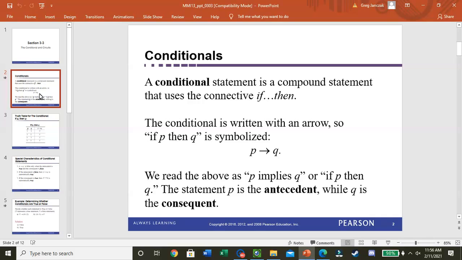If P, then Q. And it's read as P implies Q, or if P, then Q is mostly what I use. The statement P is the antecedent, or what precedes it, and the Q is the consequent. So what follows?